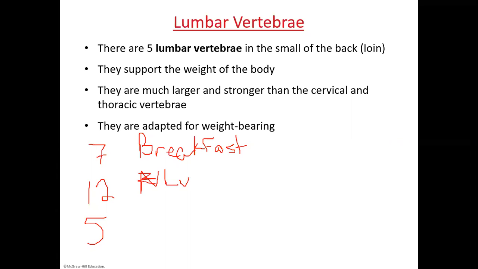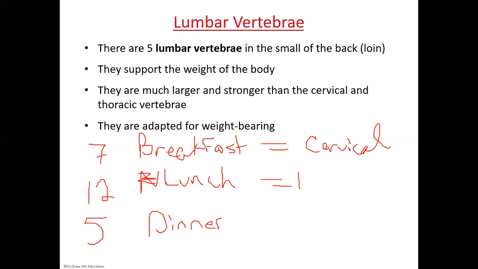That's when you would eat lunch. And then 5 o'clock is when you would eat dinner. So think about the standard meal times, and then that goes with the cervical. So you have 7 cervical vertebrae. Lunch would be the thoracic vertebrae. And then dinner would be the lumbar vertebrae.